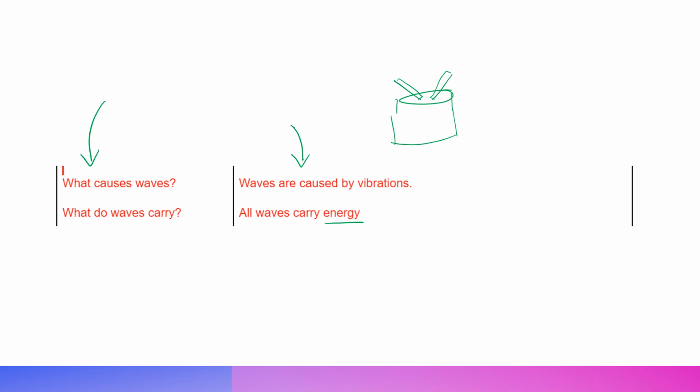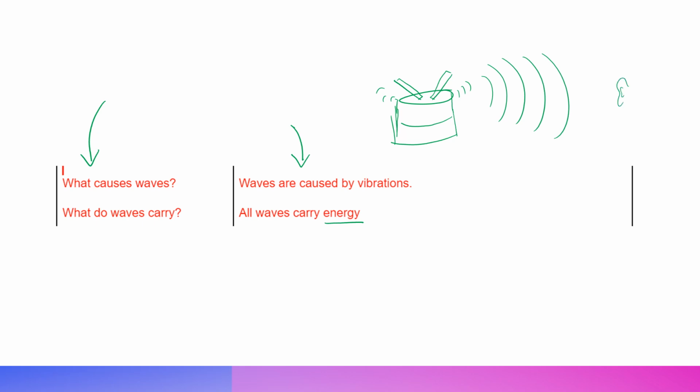So as we look up here at this drum, suppose I were to take this drum and strike it with these sticks. When I do that, that's going to cause this surface of the drum to kind of shake a little bit. And that little shaking motion is called a vibration. As this vibrates, it is going to cause the air particles around to also carry that vibration.